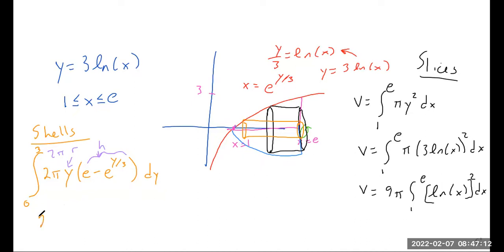This now, if we look at it, it's going to be 2 pi times the integral from 0 to 3 of e times y. And this e is just a number. It's not a function. It's just e. And then the other one's going to be minus y times e to the y over 3 dy.